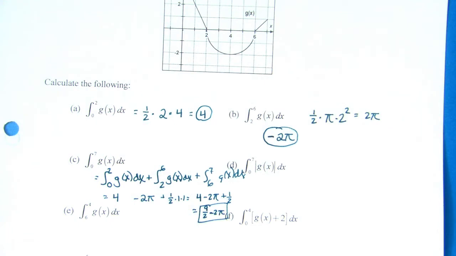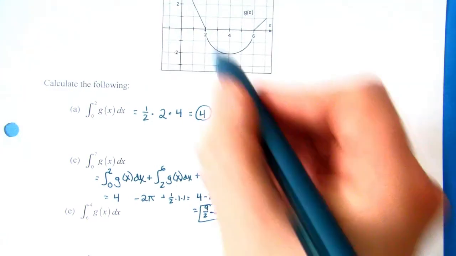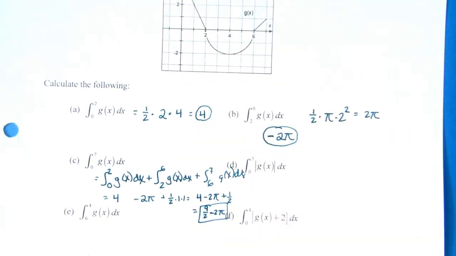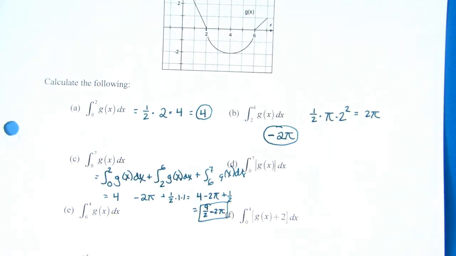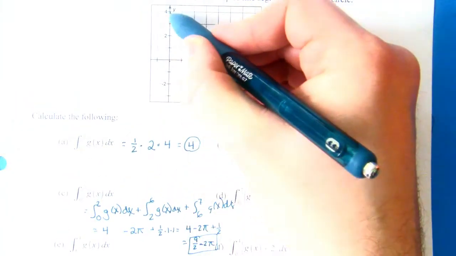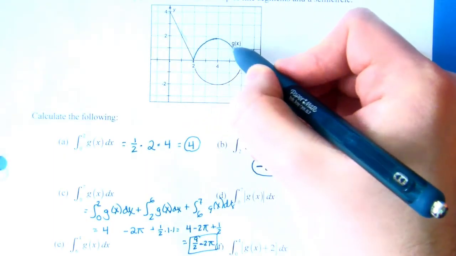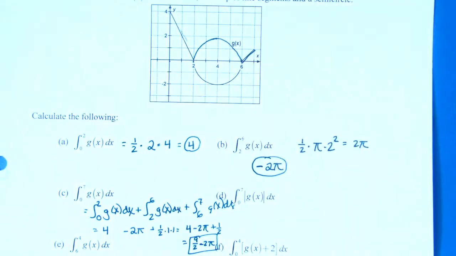In letter D, thinking back to pre-calc, if you put absolute value bars around your function, what will it do to the graph? Absolute value bars around our function should make the entire graph above the x-axis. So, rather than the graph that you're looking at, we're going to have this, and then something like this, and then something like that.